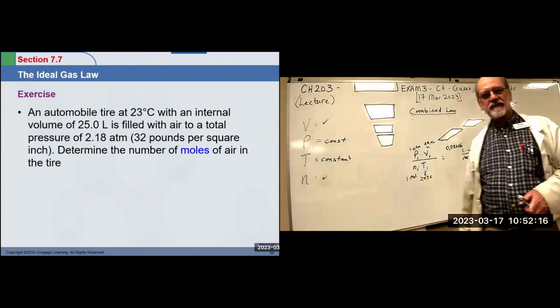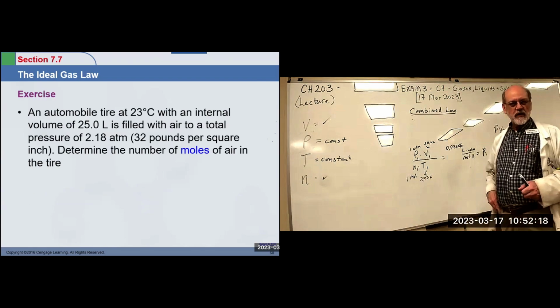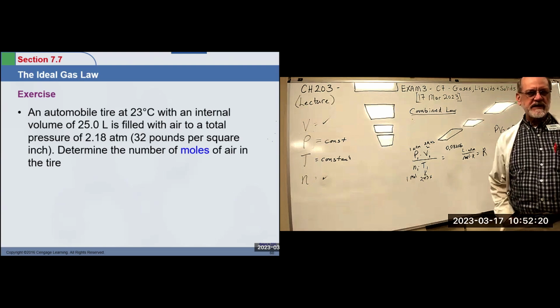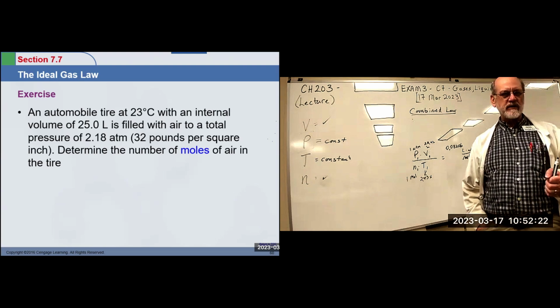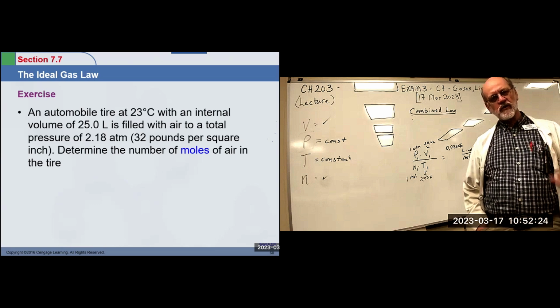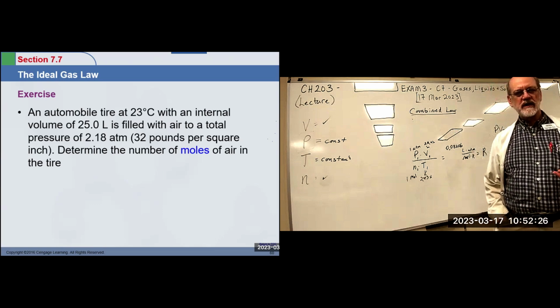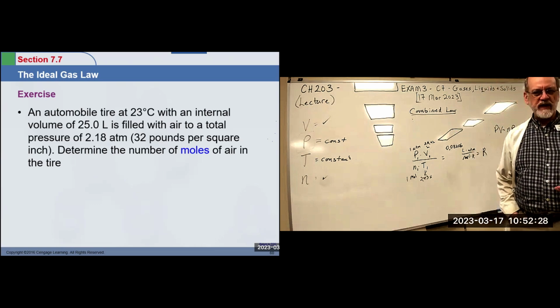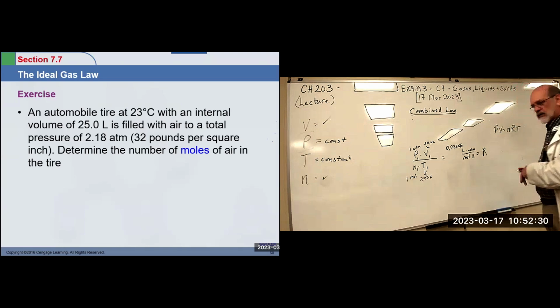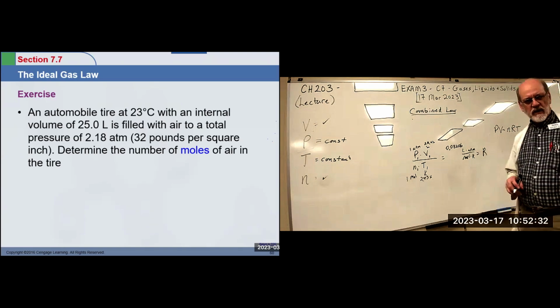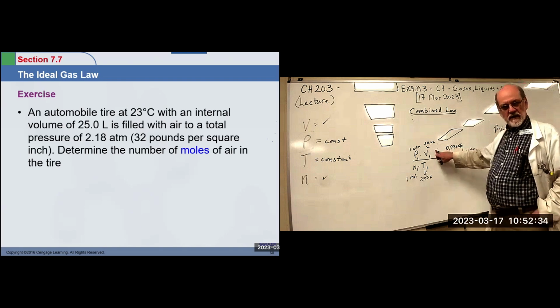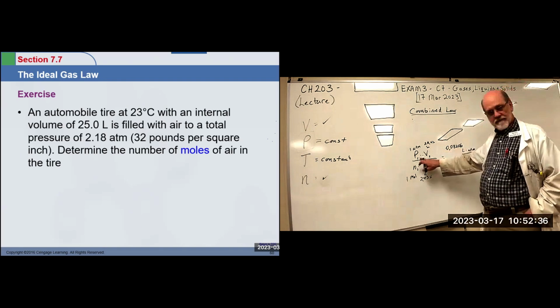All right. So here's one. If your automobile tire is at 23 degrees C with an internal volume of 25 liters, is filled with air to a total pressure of 2.18 atmospheres, determine the number of moles of air in the tire. So let's see, we have liters? Yep. We have atmospheres? Yep.